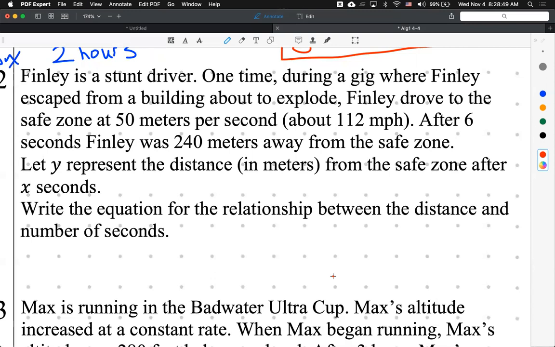One time during a gig where Finley escaped from a building that got too slow, Finley drove to the safe zone at 50 meters per second, about 112 miles per hour. After 6 seconds, Finley was 240 meters away from the safe zone. Let Y represent the distance in meters from the safe zone after X seconds. Write the equation for the relationship between the distance and the number of seconds.